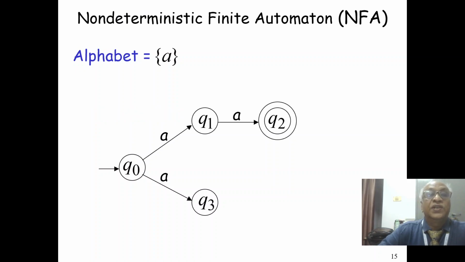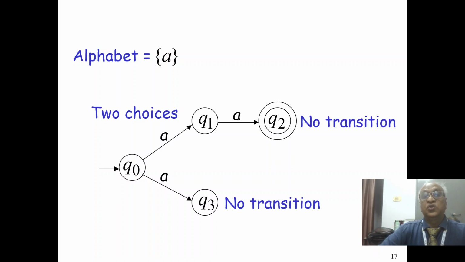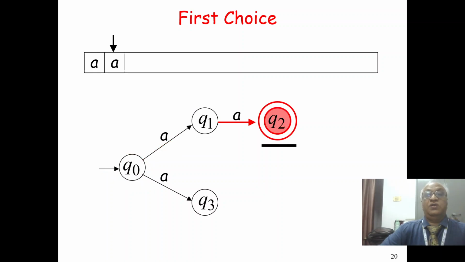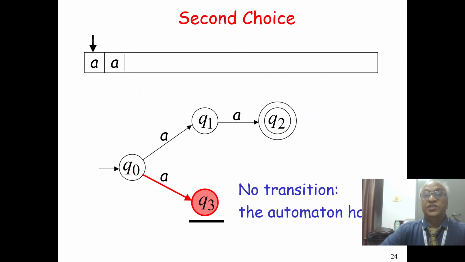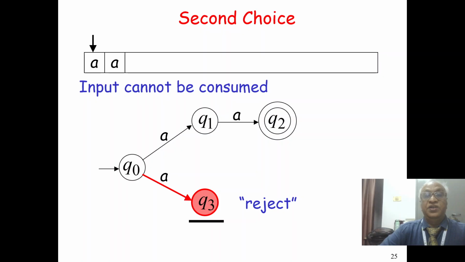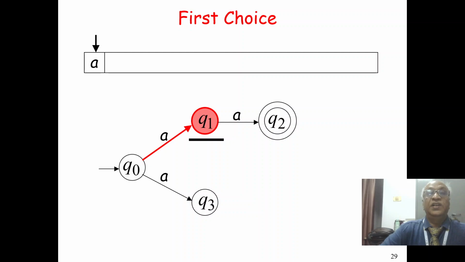So you can see here, alphabet A is there, it has two choices. First choice is accepted, the second choice is rejected. Here AA, first choice is accepted, second choice is rejected. Here A, rejected.